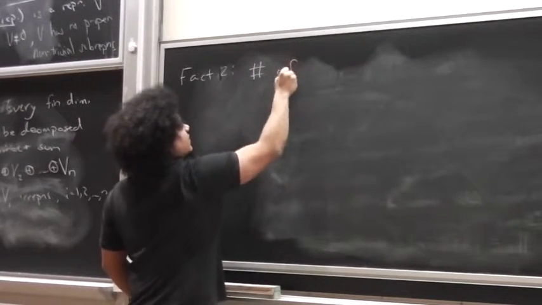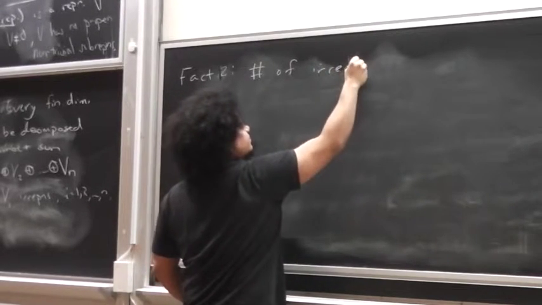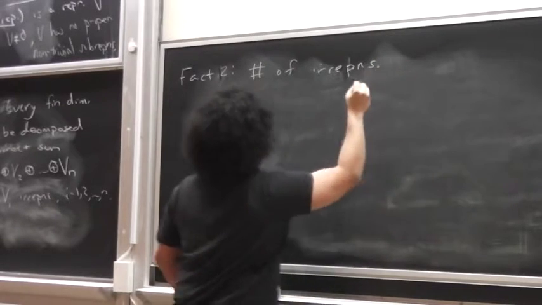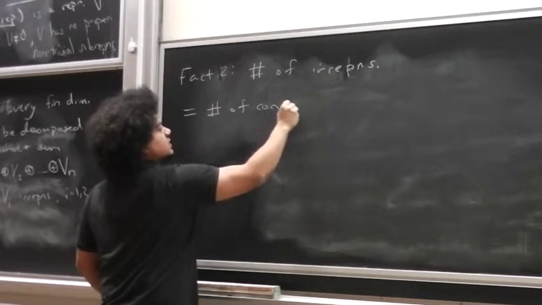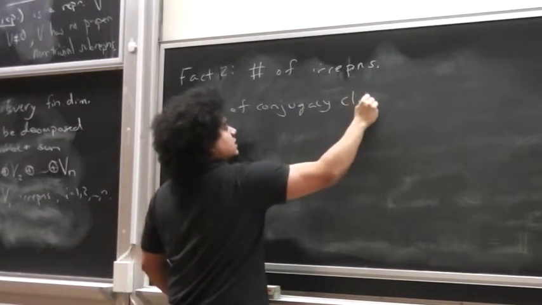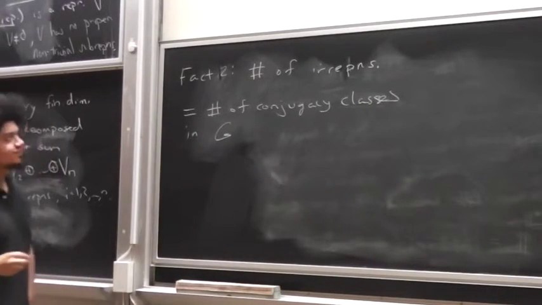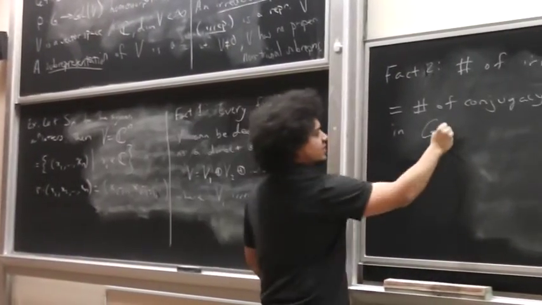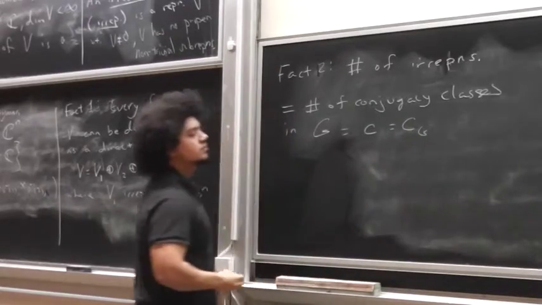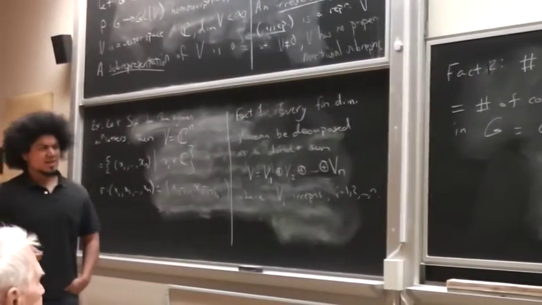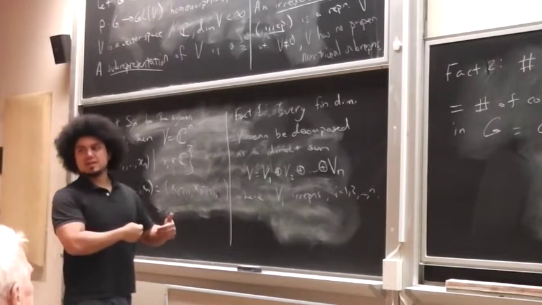The number of irreducible representations is equal to the number of conjugacy classes in whatever group we're dealing with, G. We'll just call this C or C_G to highlight the dependence on G. And what I mean by number of irreducible representations is the number of equivalence classes up to isomorphism.